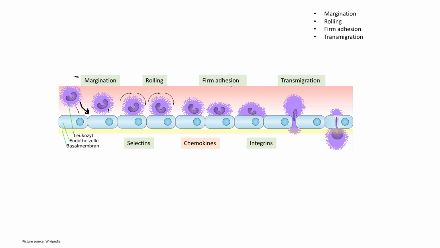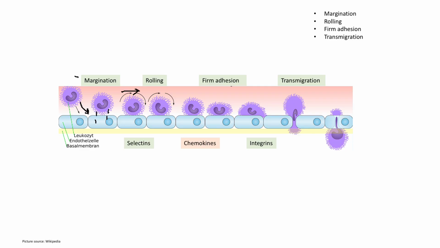The first binding of neutrophils to endothelial cells is through adhesion molecules called selectins. Selectins are present both on neutrophils and endothelial cells, and selectins bind to selectin ligands. Selectins provide temporary binding of neutrophils to endothelial cells.